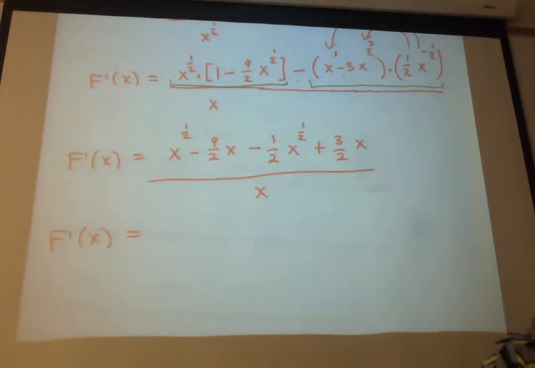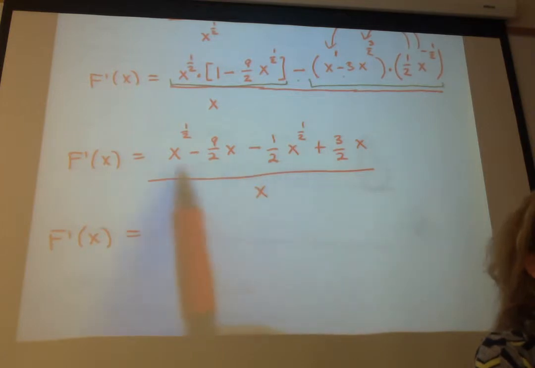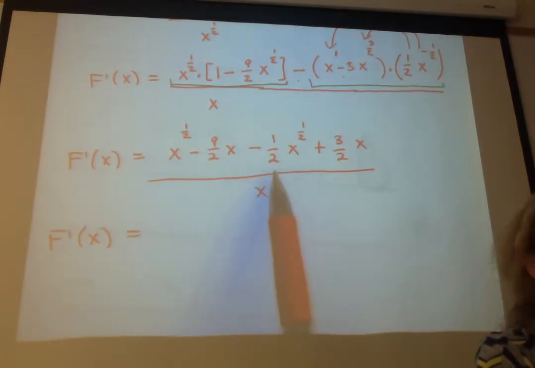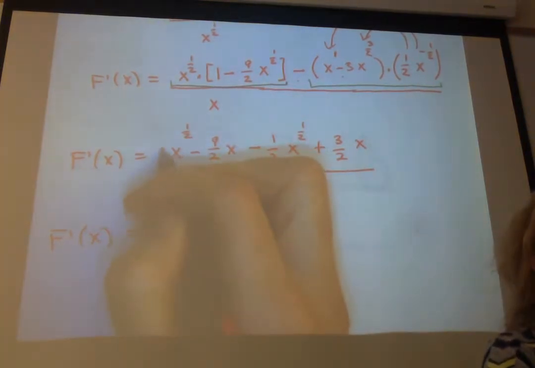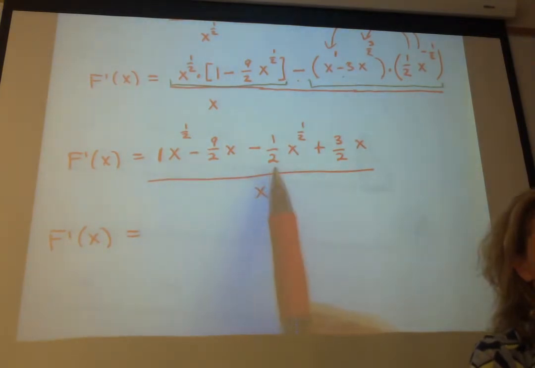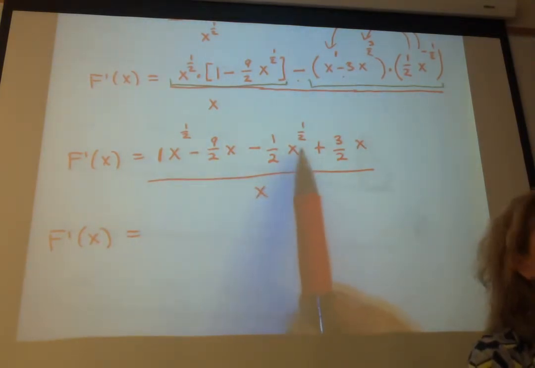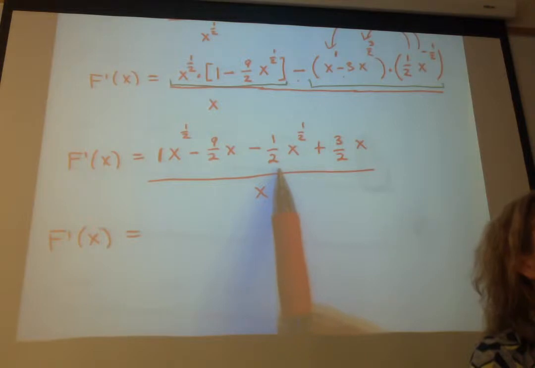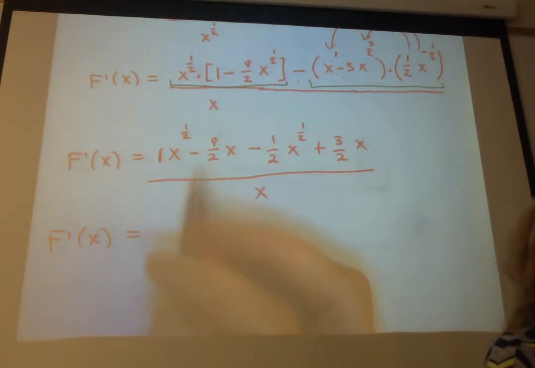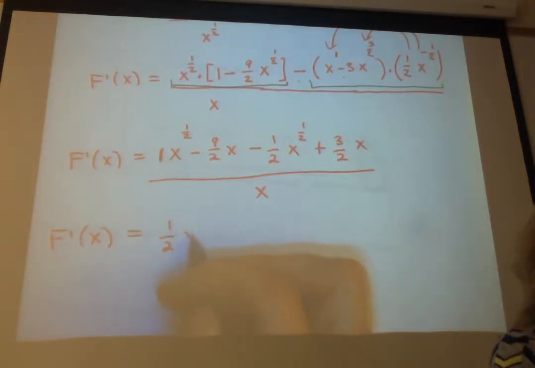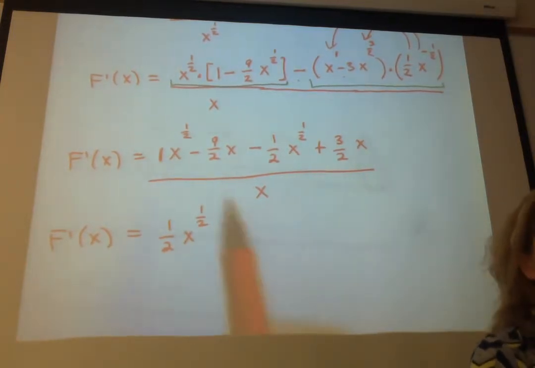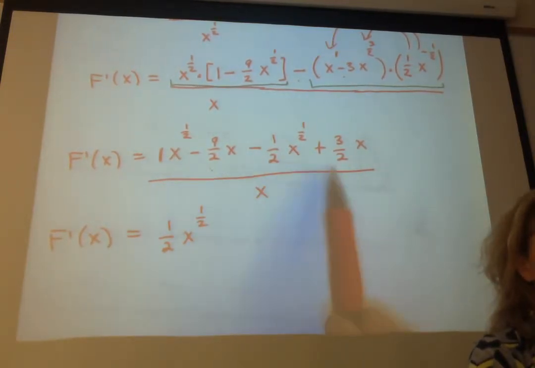And I think I'm going to look, it looks like these two are like terms, correct? So really this is a 1 x to the 1/2 minus a 1/2 x to the 1/2. So that's going to be a 1/2, good. So I have a 1/2 x to the 1/2. And these two are also like terms.